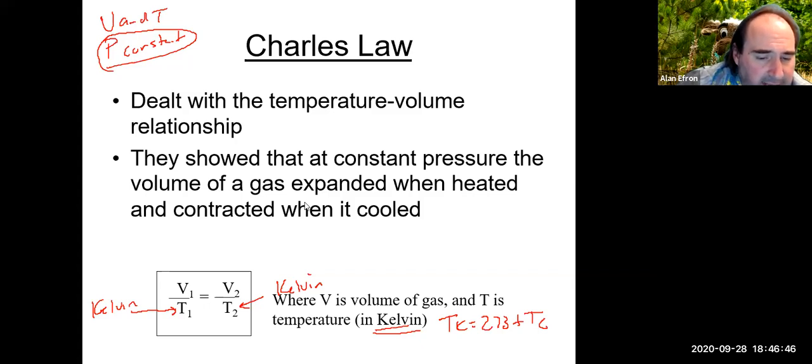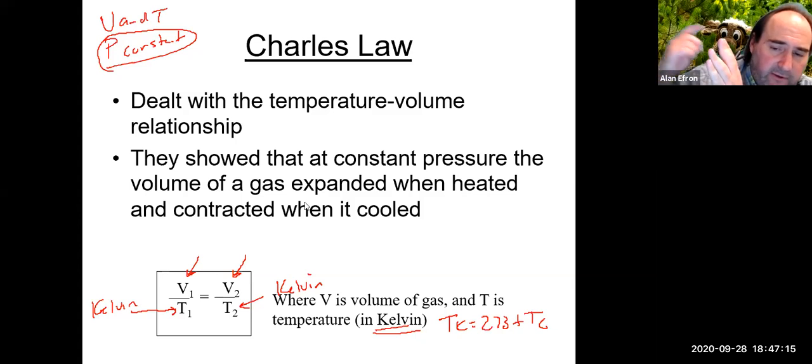Volume here can be any unit you like, as long as it is the same unit on both sides. The relationship here is this: it keeps constant pressure, which means if you increase the temperature, all the gas molecules gain more energy. They're going to fly around a lot faster, have more collisions, and the pressure should go up. So in order to keep the pressure constant, as you increase the temperature, the volume increases with it.